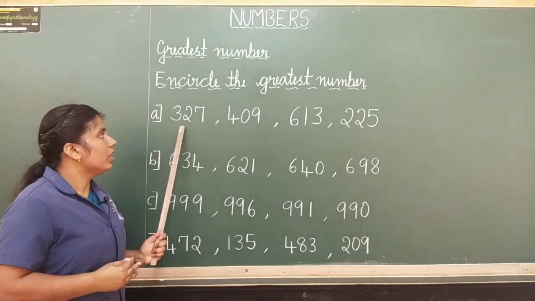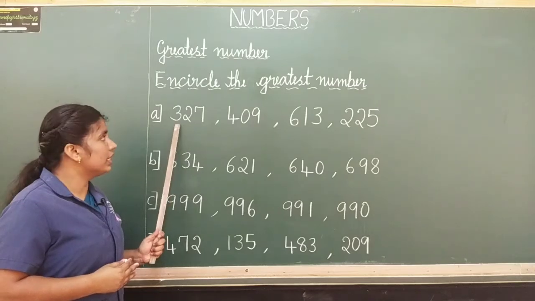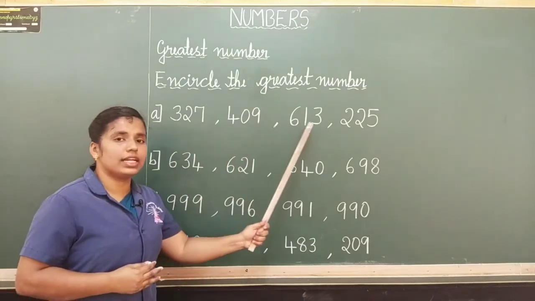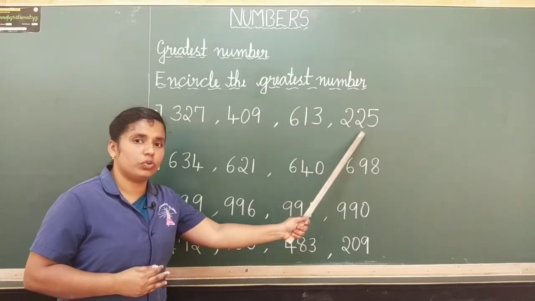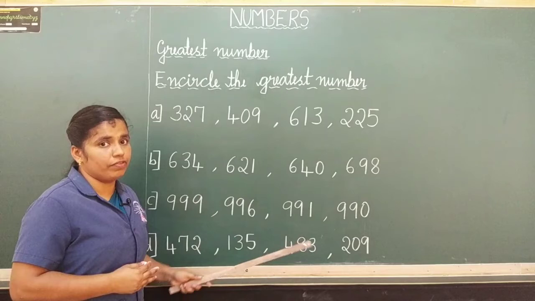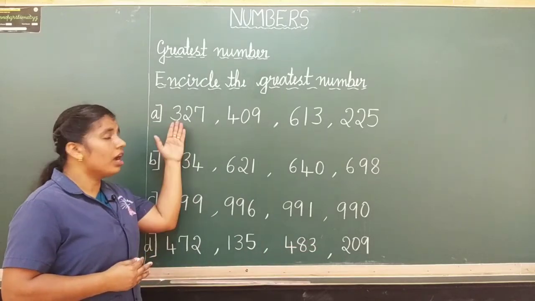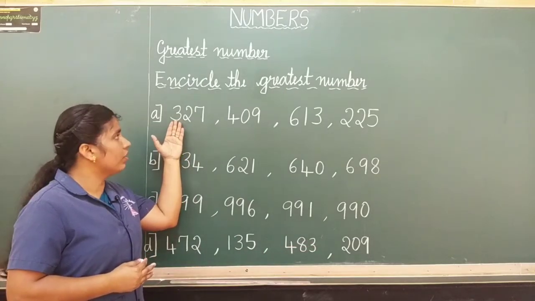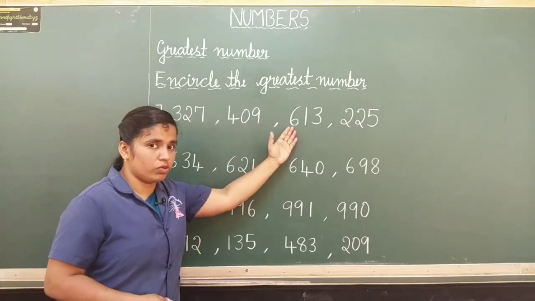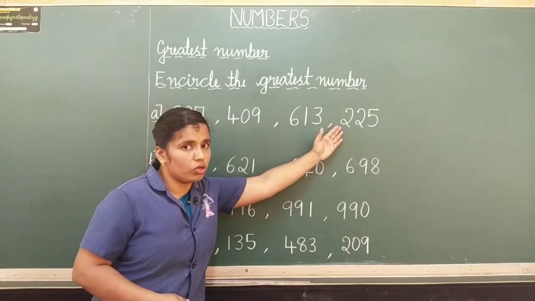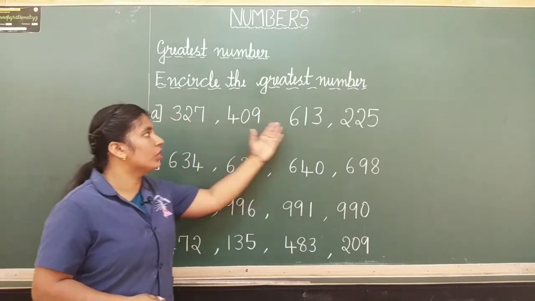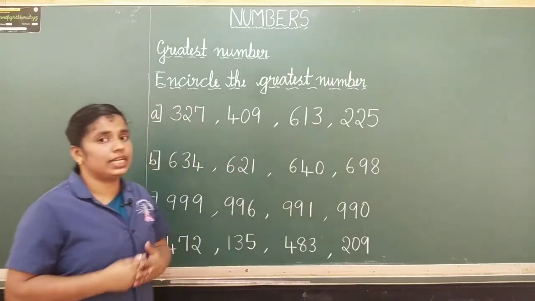Here we have the numbers 327, 409, 613, 225. All these numbers are 3-digit numbers. Therefore, you have to see the hundreds place first. Here we have 3, here we have 4, here we have 6 and here we have 2. Comparing these numbers 3, 4, 6, 2, which is the greater number?